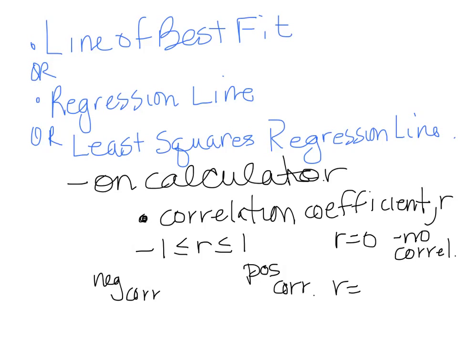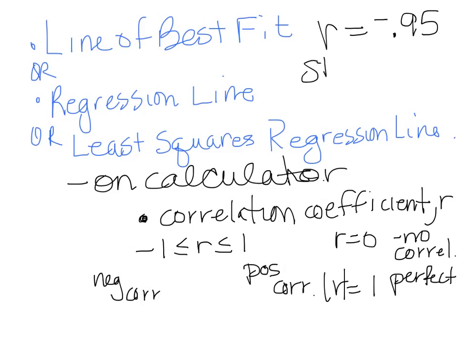And if you looked at just the absolute value, R equal to 1 would be a perfect correlation, where every data point lies perfectly on the line of fit. So if you get an R equal to -0.95, you're going to call that a strong negative correlation, because it's close to 1.